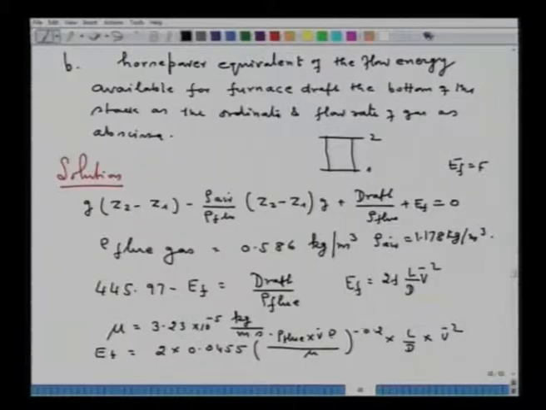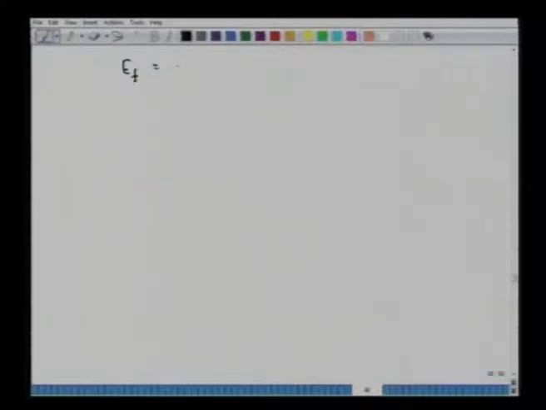So if you substitute all these values, then the value of EF will come out to be equal to 2.17 into 10 to the power minus 3 Q raised to the power 1.8, because mind you, the value of Q V you cannot calculate because Q is not known to you.